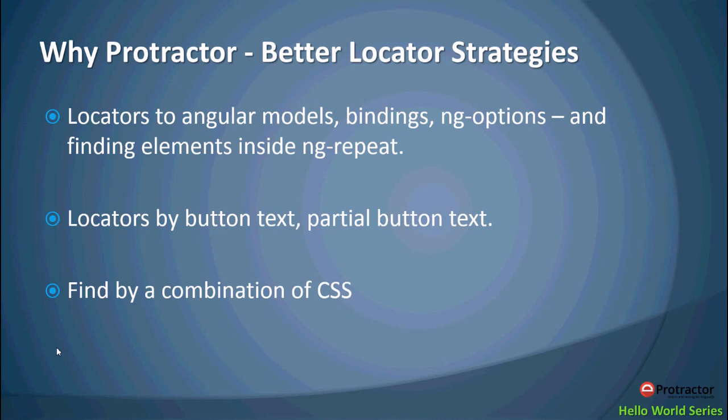You can also locate elements by button text, or suppose you don't remember the complete name or text of the button, simply you can give the partial. We can see in a moment how we can use all these locator strategies, and you can have combination of CSS also.